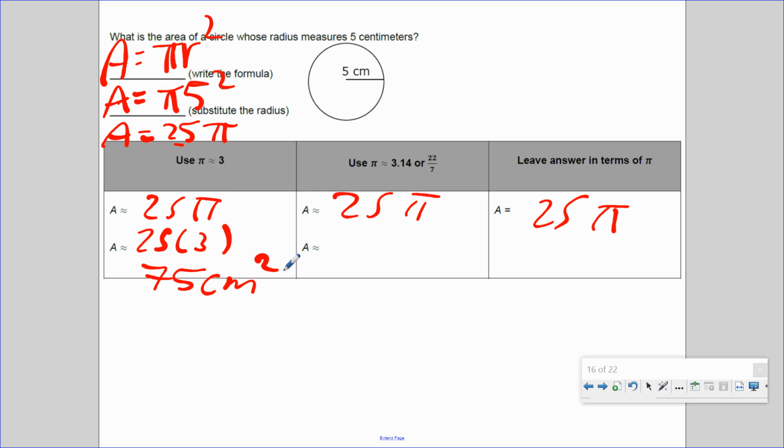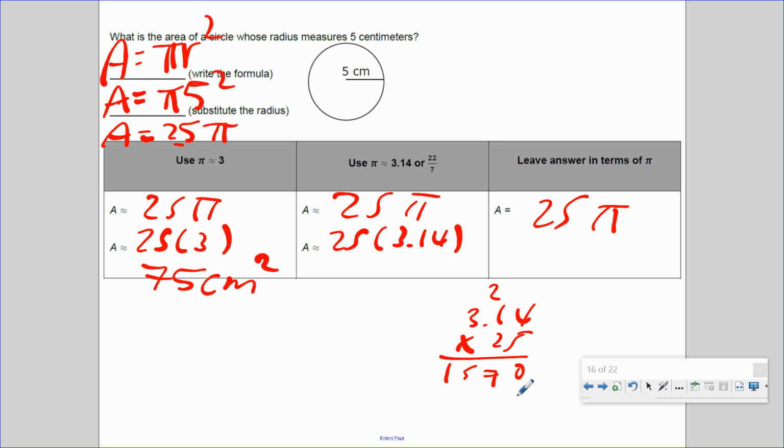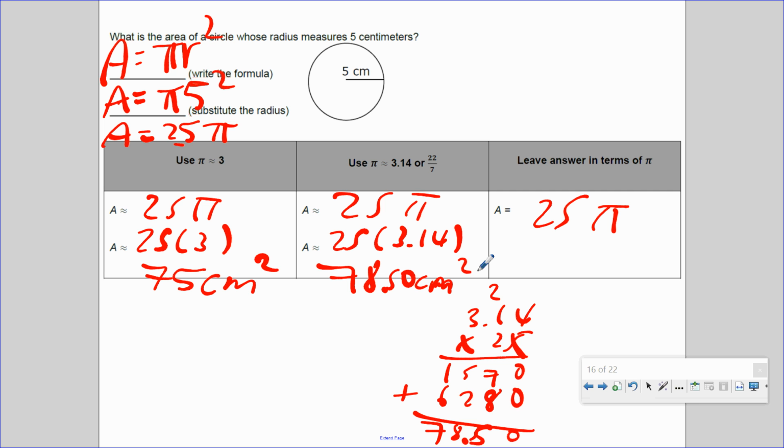What about in this example? Replace the 25 with 3, replace pi with 3.14. So if I multiply 3.14 by 25, that's 20, carry the 2, that's 5 plus 2 is 7, 5 times 3 is 15, placeholder, 2 times 4 is 8, 2 times 1 is 2, 2 times 3 is 6, it adds up to 15, carry the 1, 8, 2 digits behind the decimal point, so 78.50 square centimeters.